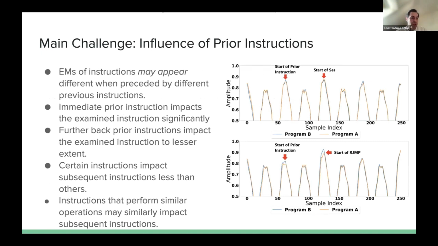We have, unfortunately, a very serious challenge to overcome with this approach. Experimentally, we identified that the execution of an instruction influences the shape, the amplitude, and the characteristics of subsequent instructions. Obviously, the effect, and that's a good thing, diminishes over time.